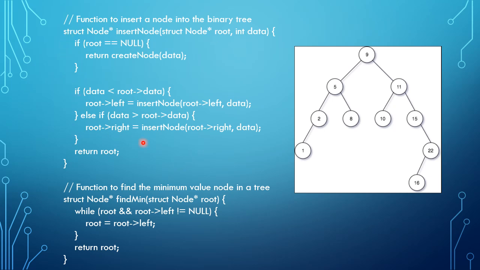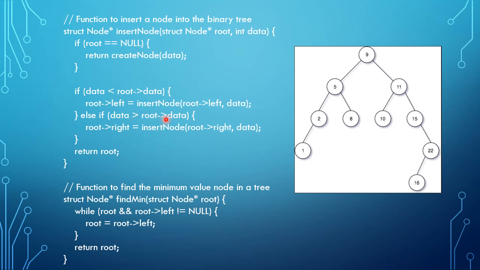Again it checks the function, that is, if root equal to null. In this case 5, root is not equal to null. So again it checks with the data. If data is less than root of data, again it moves to the left node. Else if the data is greater than 5, we have to go to the next node. So this condition says this.